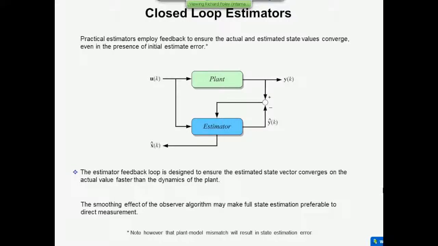You put that difference into the estimator, and you therefore force y and y hat to hopefully converge on the same answer. Now, it turns out that this will correct for any initial state error. So when you switch the thing on, you don't know what it is. This will eliminate over time the state error. It will force the estimated and actual state to converge on the same number.